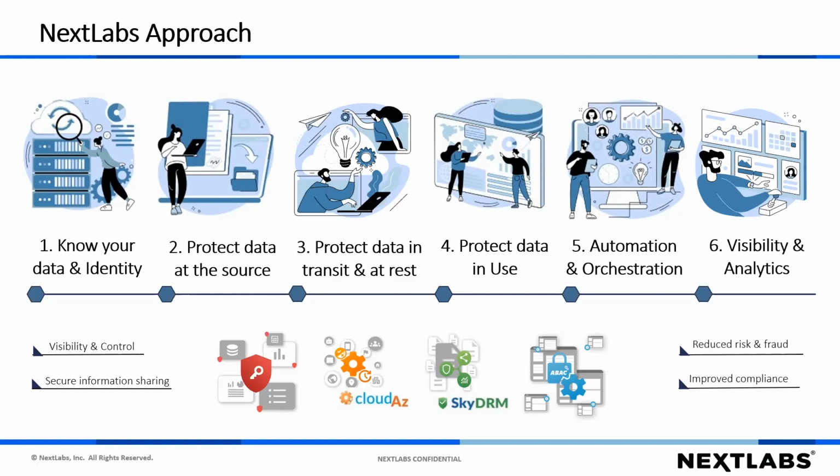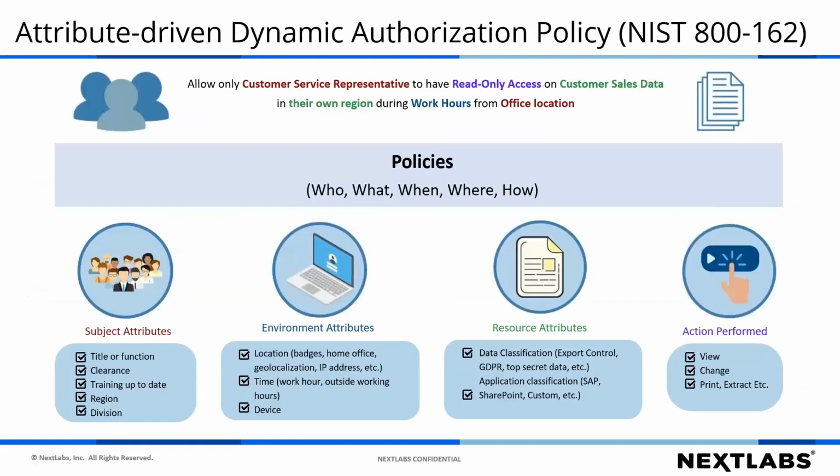So an example of what we mean by our dynamic authorization policies is that the policy would be defined to allow only customer service representatives to have read-only access on customer sales data in their own region during work hours from an office location.